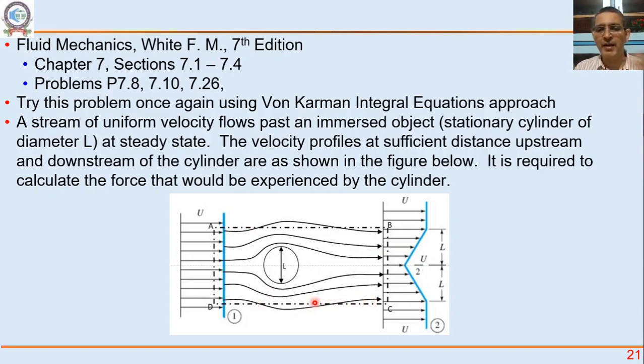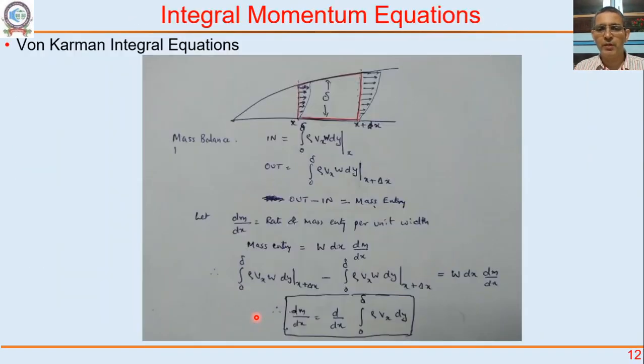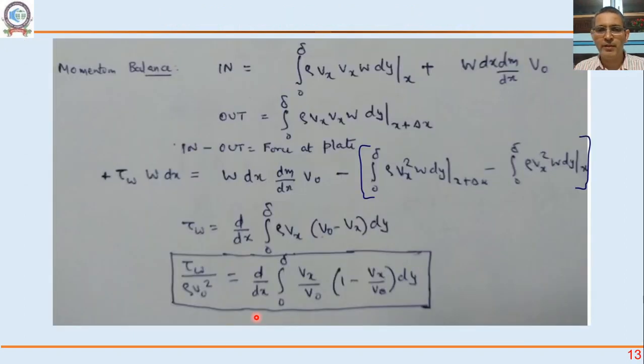Write it as some dm by dx into w, whatever you like. Now do momentum balance. Momentum in, momentum out. Momentum out because of the flow going out. That flow going out is carrying momentum at a velocity U, capital U, free stream velocity, just like it was carrying momentum based on velocity at the edge of the boundary layer.